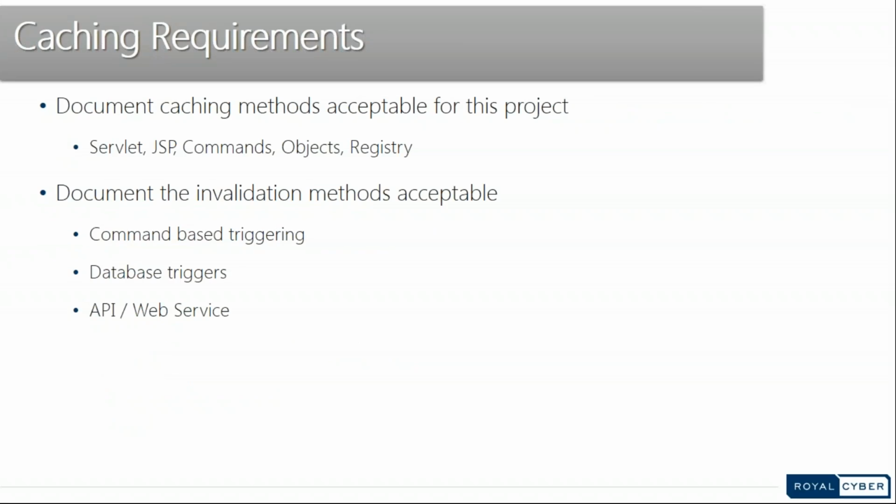Okay, document caching methods acceptable for this project: servlets, JSPs, commands, objects, registries. So for servlets and JSPs, this caching is done in DynaCache, in the cachespec.xml. For command caching, IBM, as I said, has introduced data caching.